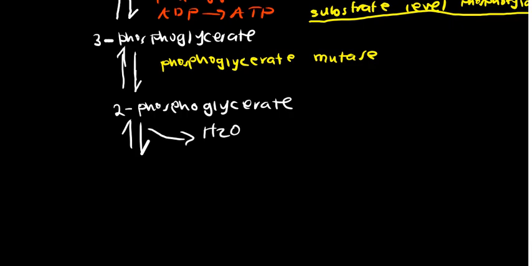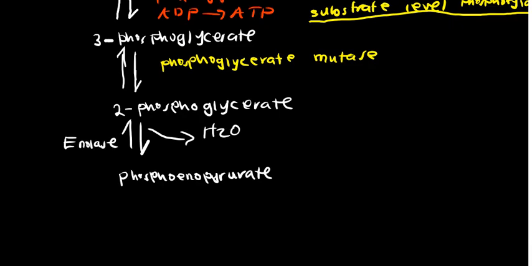The enzyme here that converts 2-phosphoglycerate to phosphoenolpyruvate is enolase.